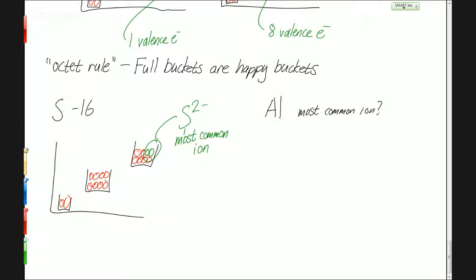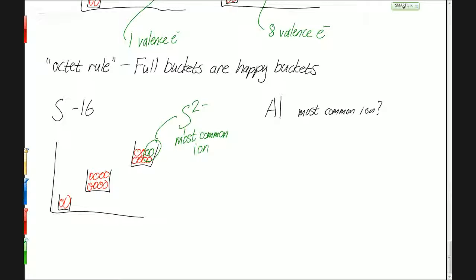I have a question. When it's another element that has a higher number, like calcium, would you just keep adding buckets? Good question. So yes and no. As probably several of you realize, we had 2, 8, and 8, but there's a lot more than 18 elements. So the answer is it gets more complicated.